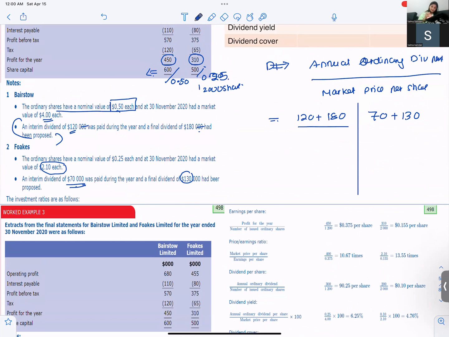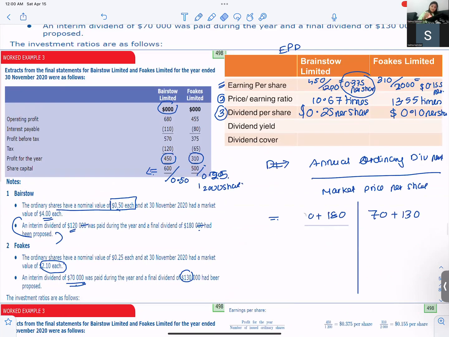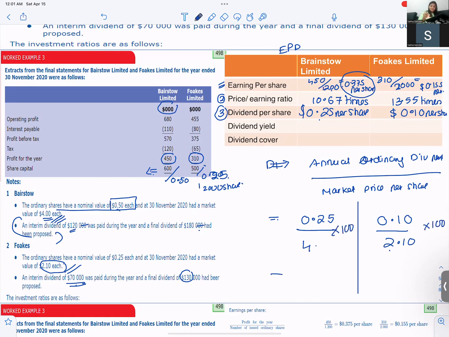But I want the annual ordinary dividend per share. So I have already calculated dividend per share. It is 0.25 and 0.10, divided by the market price per share. The market price per share is 4, and over here the market price per share is 2.10, into 100. So you will get your dividend yield ratio. It is 0.25 divided by 4 into 100, so it is 6.25%.